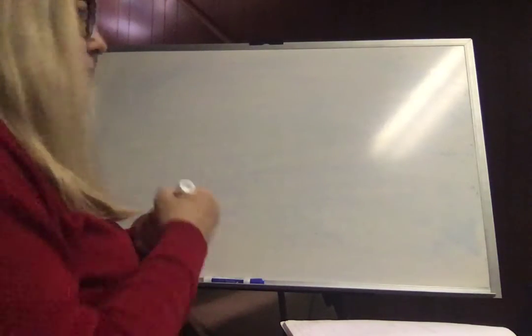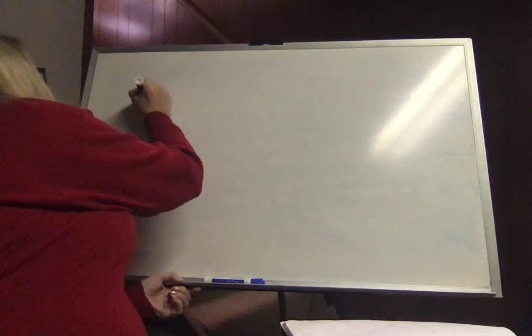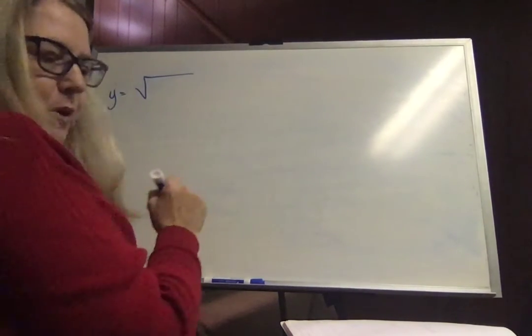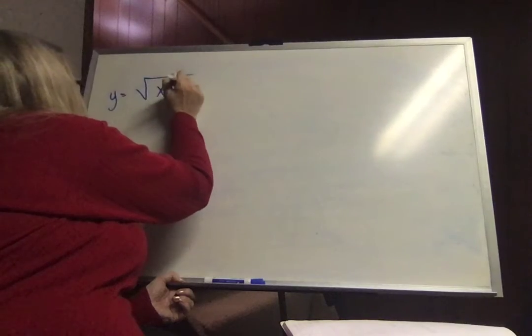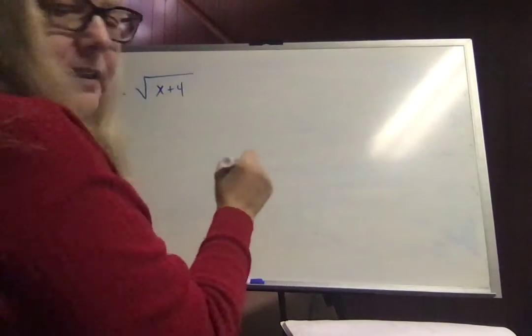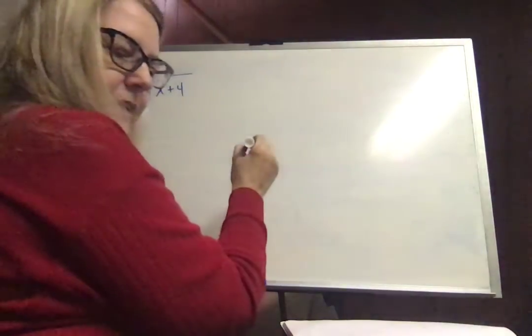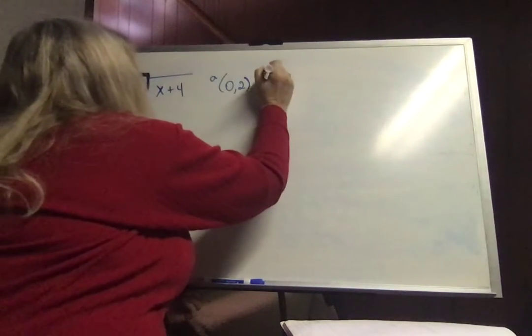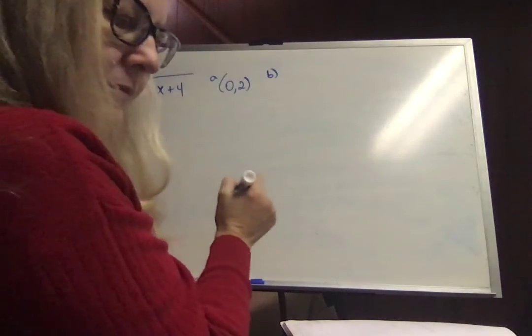Okay, so this is about graphing equations. The first type, they'll give you something like y equals the square root of x plus 4, and they will say, are these points on the graph? Their first is (0, 2) and their second is (5, 3).